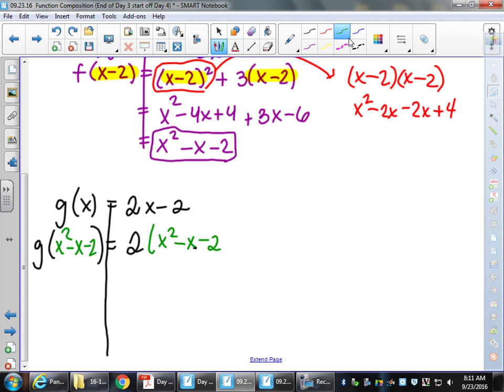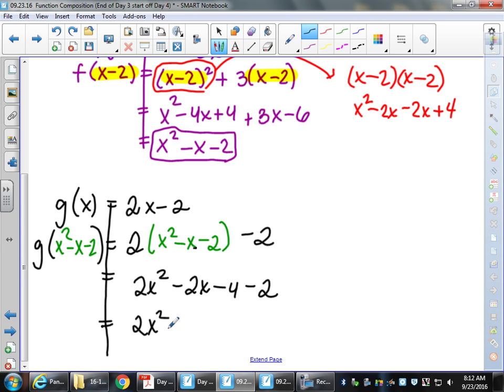That's sounding right. Let's see. So this part is relatively not bad, right? Yes, the answer is 2x squared minus 2x minus 6. Good job.